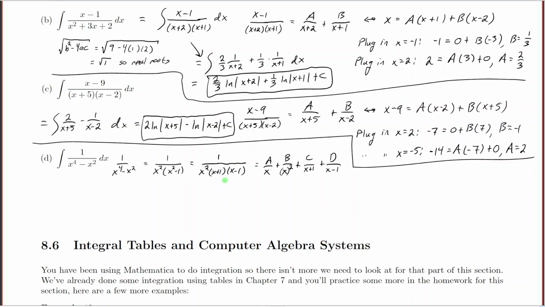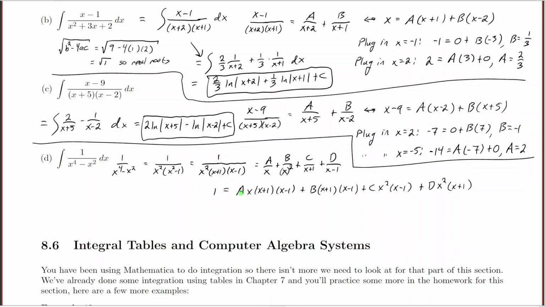And that's going to turn into, when we clear out all of our denominators, 1 equals a times x plus 1 times x minus 1, plus b times x plus 1 times x minus 1, c times x squared times x minus 1, and then finally d times x squared times x plus 1, all added, because again these factors down here will cancel out.